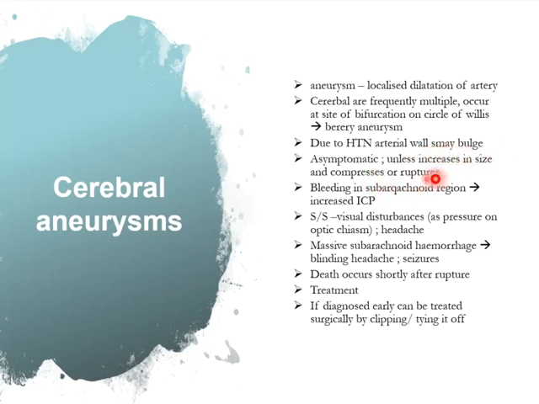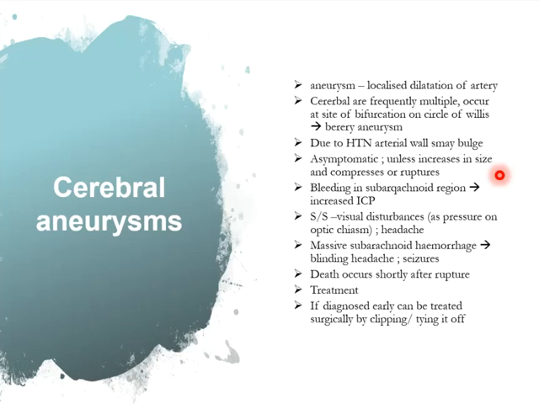It can be asymptomatic unless it increases in size and compresses or ruptures. Generally aneurysms are asymptomatic. Nobody knows that they have a cerebral aneurysm until it ruptures or compresses the surrounding structures. Then there are symptoms like headaches, weakness, paralysis, or visual disturbances. Any complaints can develop, and then the person can undergo CT or MRI, and the cerebral aneurysm can be recognized.